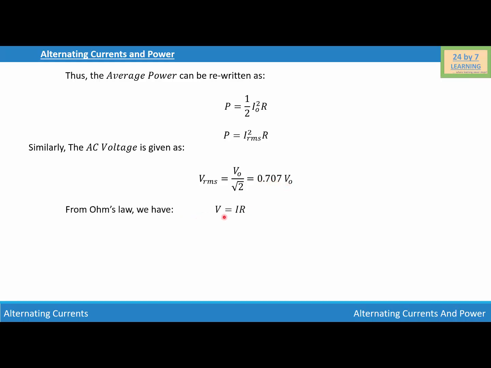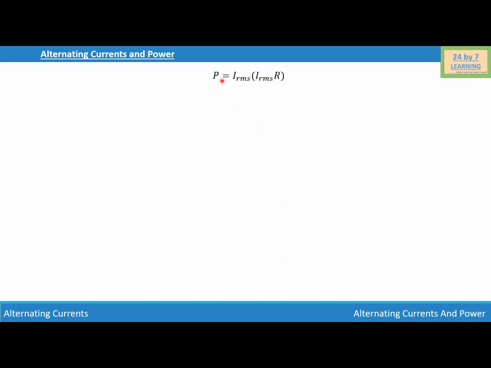Now from Ohm's law we know that V = IR, so we can write the average power P = I_RMS² times R. Simply, I'm writing I_RMS² as I_RMS times I_RMS, and if I take one I_RMS times R, then this will be the voltage, which is V_RMS, and we can write P = I_RMS times V_RMS.